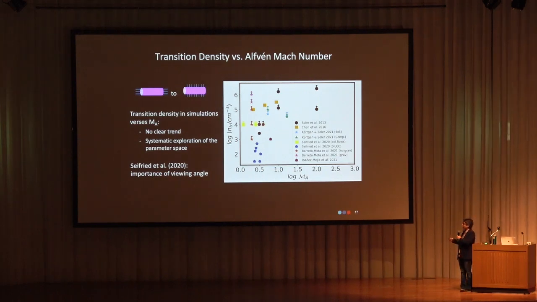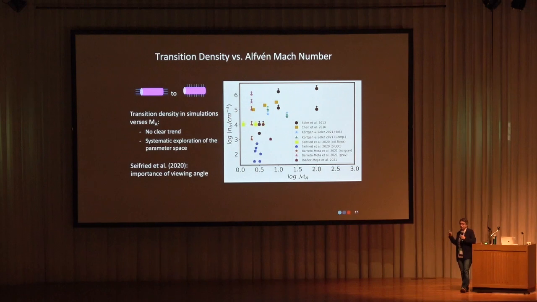We compiled the studies from these simulations and looked at the density at which this transition happens as a function of alpha and Mach number. We do not see a particular trend between the two. However, this is not conclusive, because of the limited available simulations and differences in how different groups use alpha and Mach number.